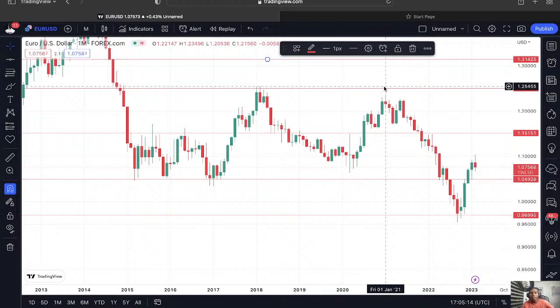Now the demand zone and the supply zone are zones where certain actions take place. The demand zone is the zone where buyers are willing to buy. The willingness to buy lies at the demand zone, and this is where we call the support level. When price comes to the support level, buyers pick interest and price goes back up.